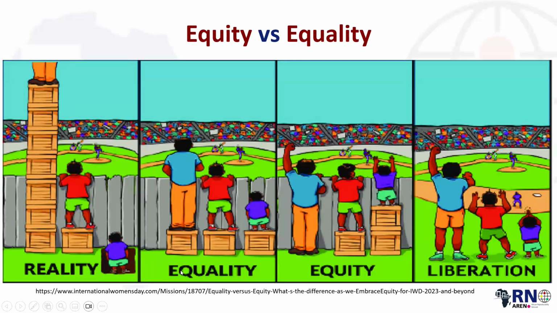And if we say that we want equality, then all of them will have the same resource. But unfortunately, this is not enough, because some people need more support or more resources than others in order to achieve their goal. So this is equity. This is what we're talking about. It doesn't have to be equality, but it means that everyone should be able to have the support they need to accomplish what they want.